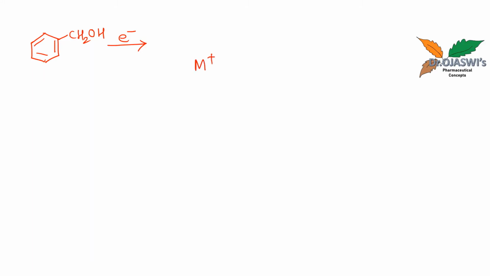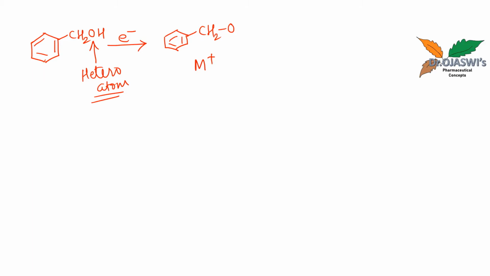In this case I see this oxygen, which is the heteroatom. It has lone pairs of electrons, and those are the loosely bound electrons in this particular structure. So how can I write the structure of the molecular ion in that case?